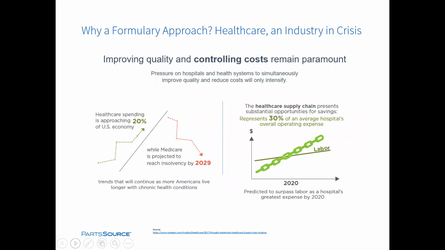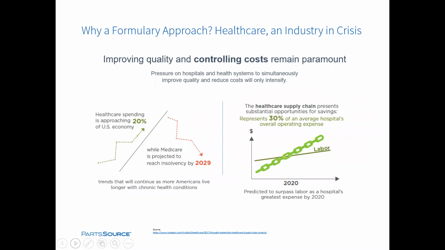And when we take a look at these numbers on this slide, we see that healthcare itself is close to approaching 20% of the US economy during a time when Medicare is projected to reach insolvency by 2029. So this is really not a great scenario by any means. The other trend that's being identified here is that healthcare supply chain costs are predicted to surpass labor as the number one source of expense to hospitals by 2020.